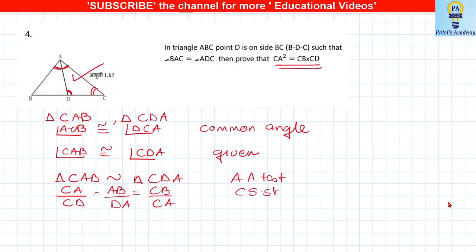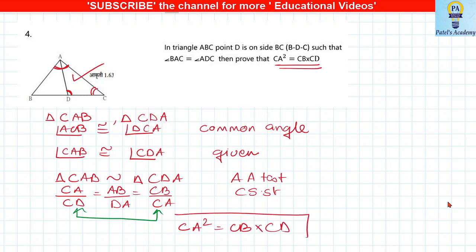Okay, so I'll see the three ratios and I will choose two ratios where I cross multiply, I get CA square. That is first and last. So when I cross multiply, what I'll get? CA square equals to CB into CD. This is what we have to prove. Okay, so taking the triangles in the correct order is very important.